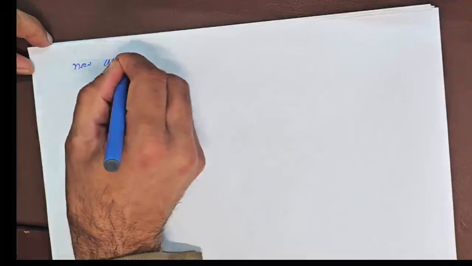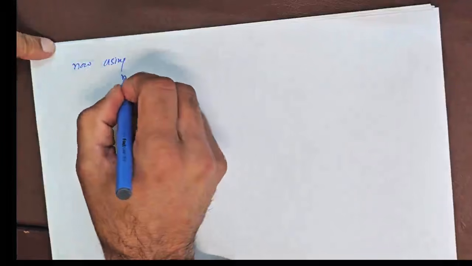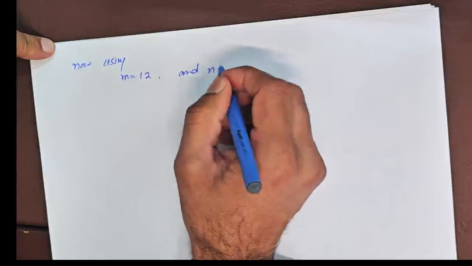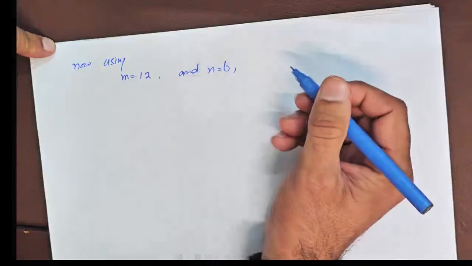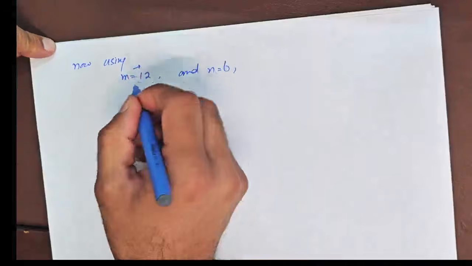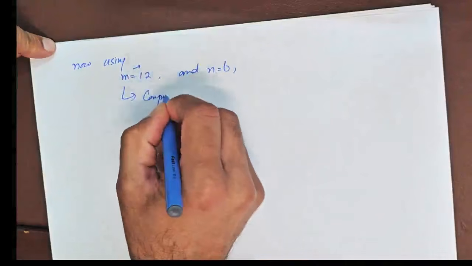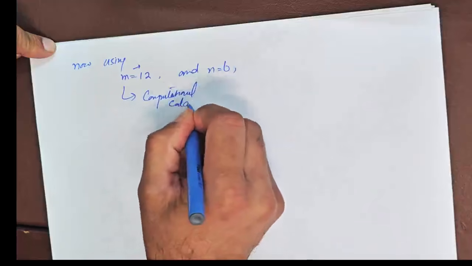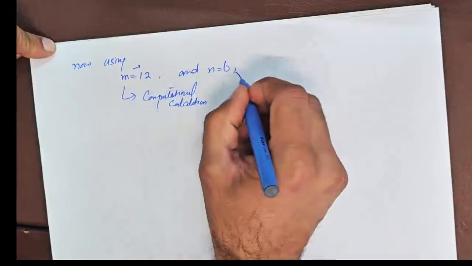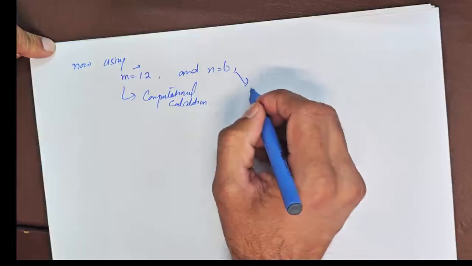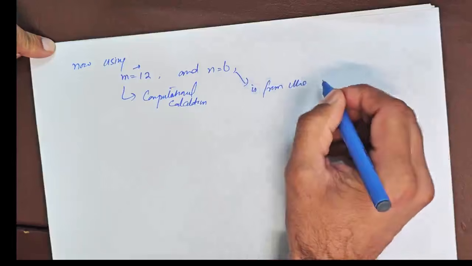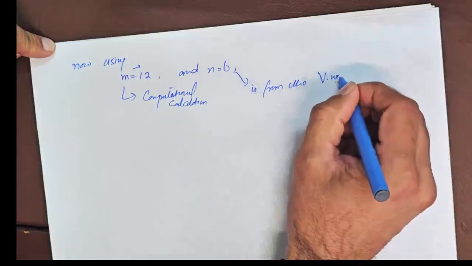Now using m equal to 12 and n equal to 6, as we know that m equal to 12 is from some computational calculations, and this term is from the van der Waals interaction.